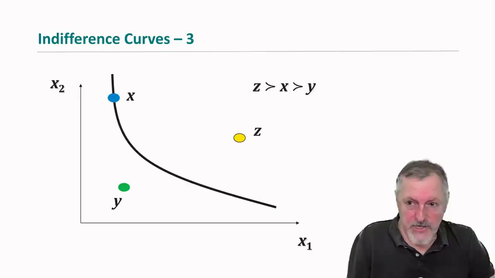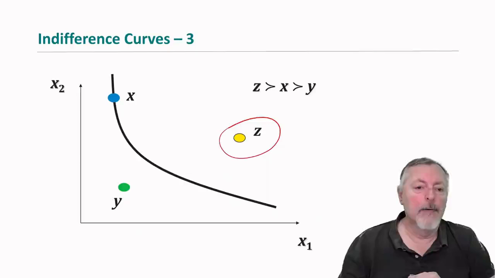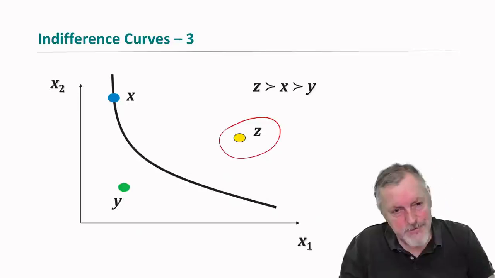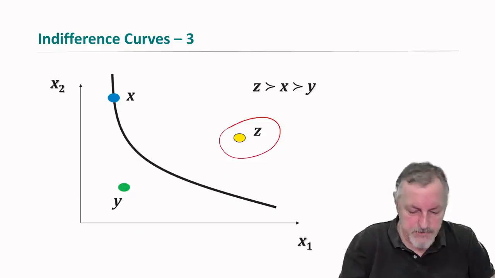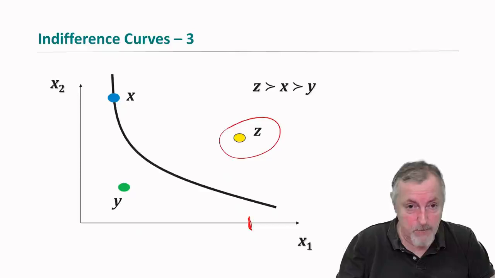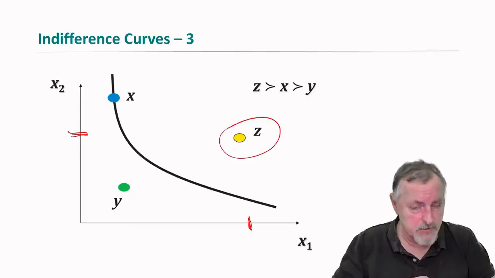Here, Z, this consumption bundle, it's higher up the mountain. In the 2D representation, it's farther from the origin. This is a bundle containing that much of whatever item 1 is, and that much of whatever item 2 is.